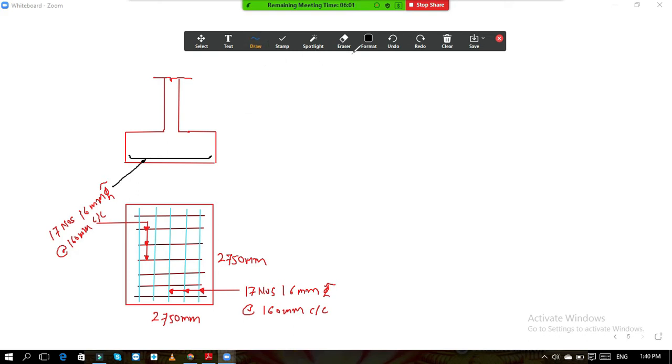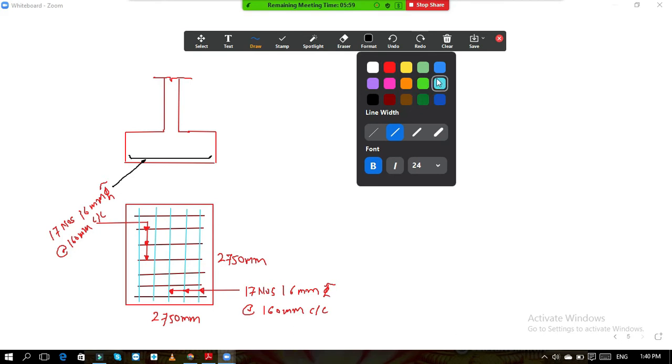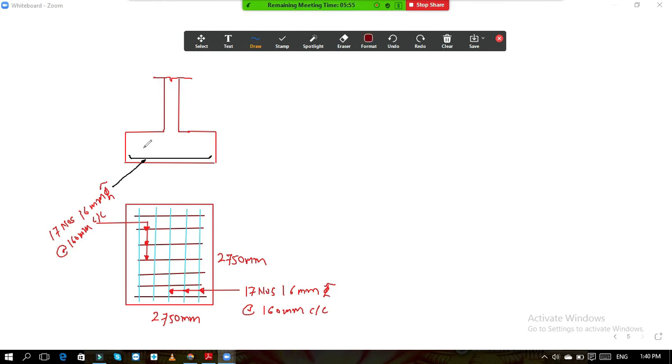Now steel in Y direction. For the steel in Y direction, these are the bars. You can see the diameter of these bars over here. This is the steel in Y direction, and you know that these are also 16 mm bars at 160 center to center.